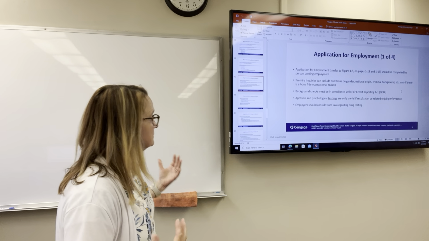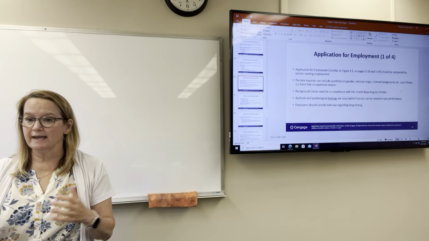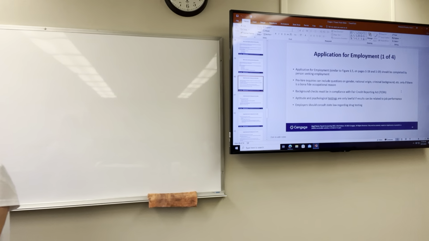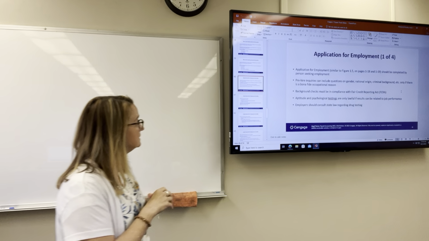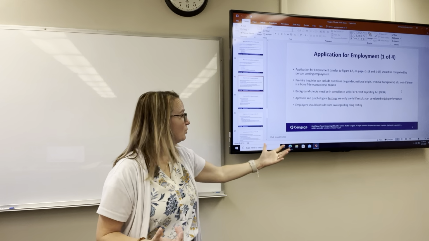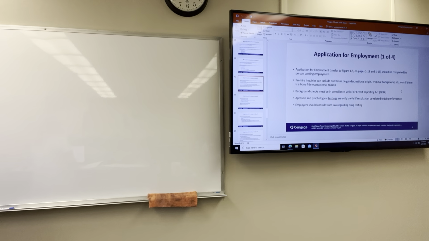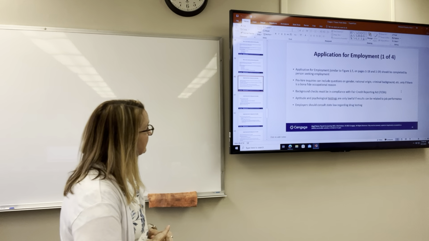So, if you're applying to be an attendant at, I don't know, a gym, and you're going to be going in and out of the ladies' locker room, well, then gender becomes an issue there. And that could be something that's restricted. National origin, I can't really think of an example, unless there could be language barriers that could come into play.